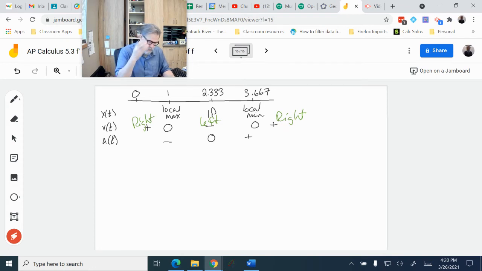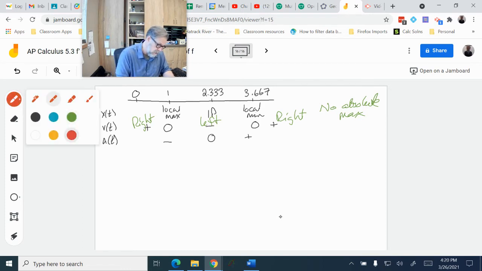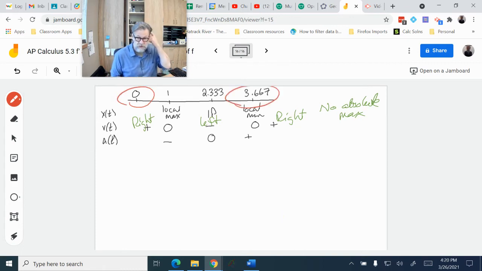So what this tells me is that, because this goes forever, there is no absolute maximum position. There is an absolute minimum, but I don't know if it is going to be at 0 or at 3.667. I'd have to do some calculations in order to find that.